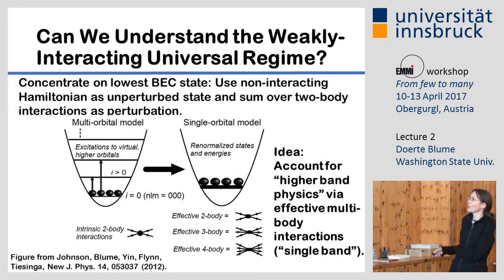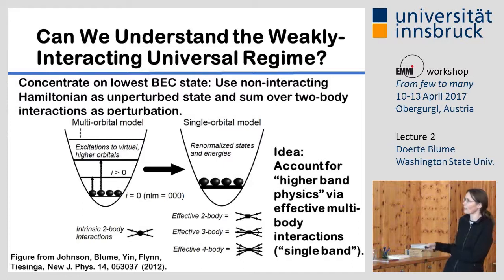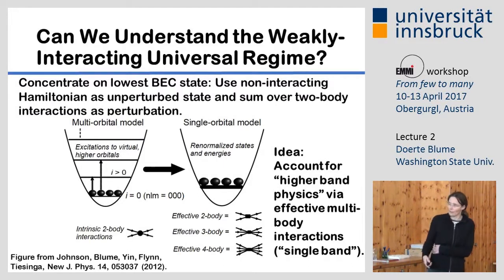The S-wave scattering length is a small parameter. So we're going to use the non-interacting Hamiltonian as the unperturbed Hamiltonian. We start with the unperturbed, non-interacting state, and then we treat the interactions as a perturbation.